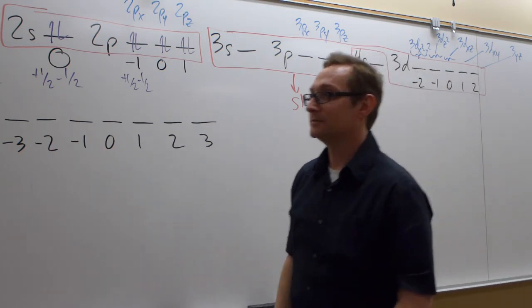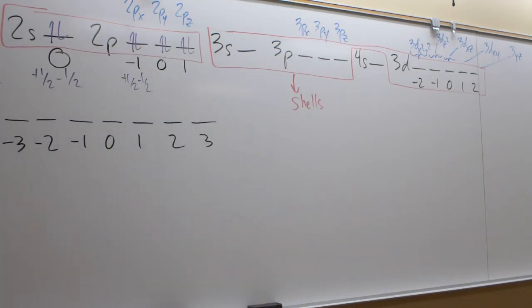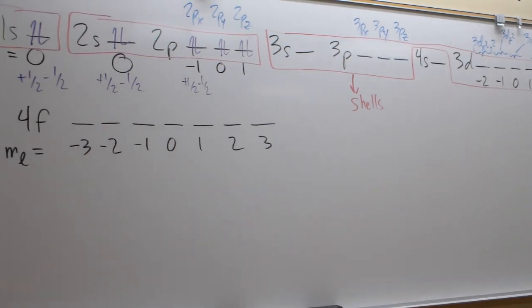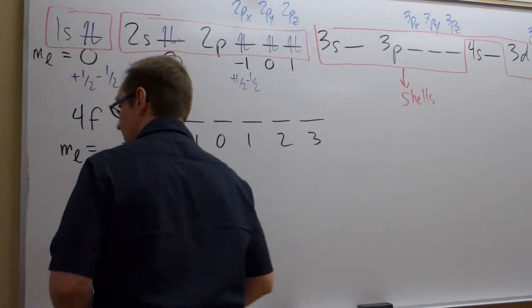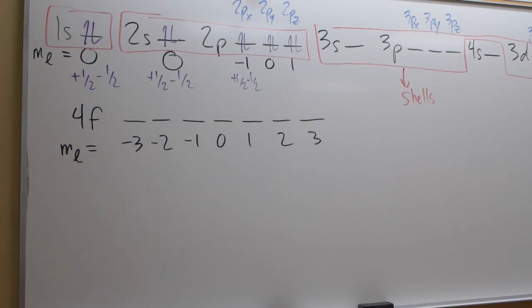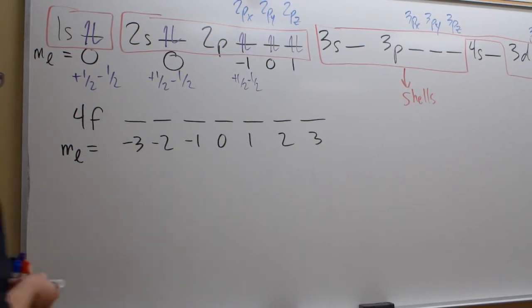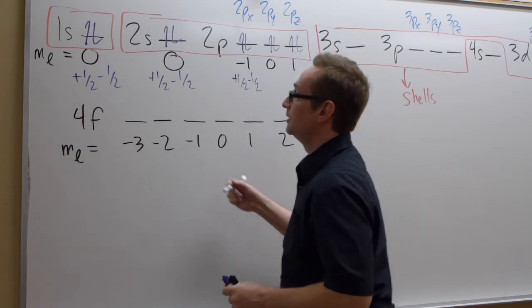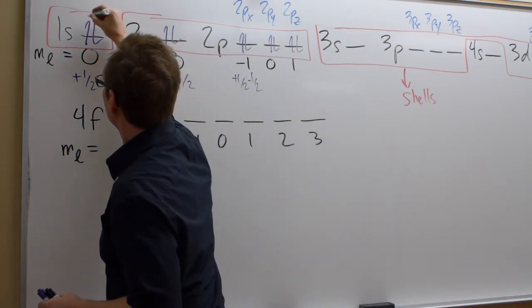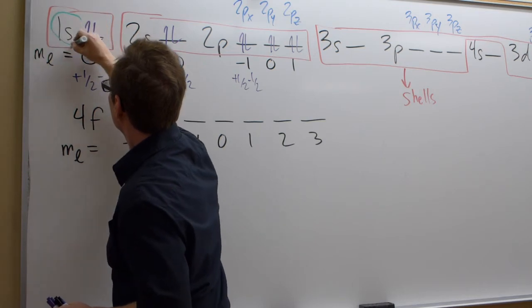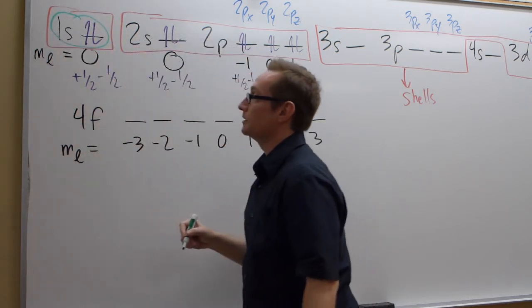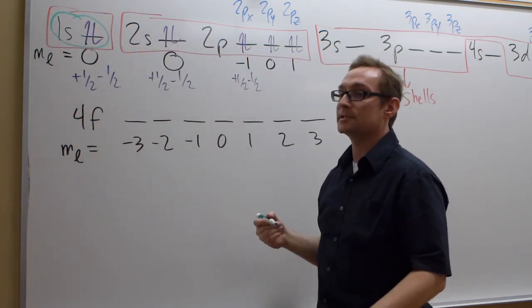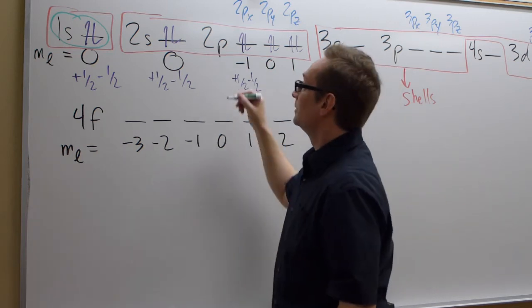A subshell is a set of orbitals within a row. We call it a subshell or sublevel. So the 1s shell is also a sublevel by itself.